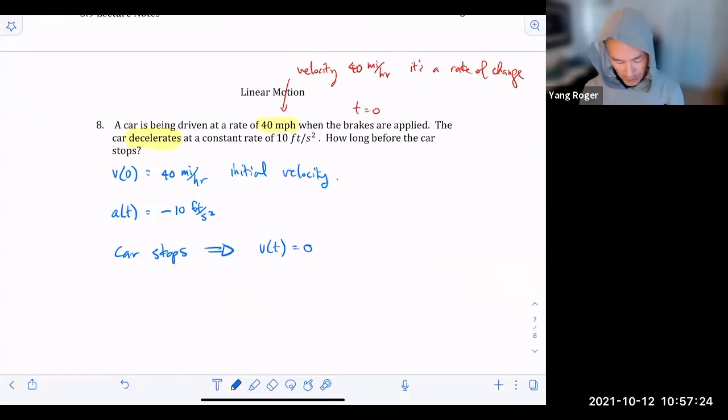So here's what we're going to do. We're going to start with our acceleration function. That's -10. Sorry, -10, not -40. Thank you. And our variable of integration is going to be time. We're going to put a dt here instead. I need you to figure out what the velocity function is. Then I need you to set it equal to 0, and I need you to solve for time.